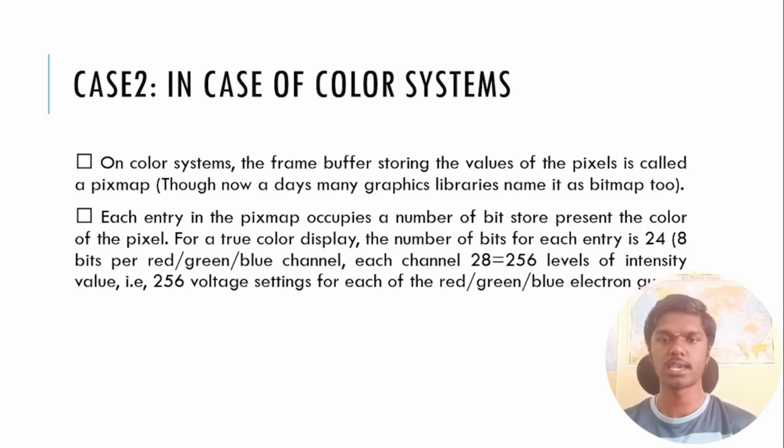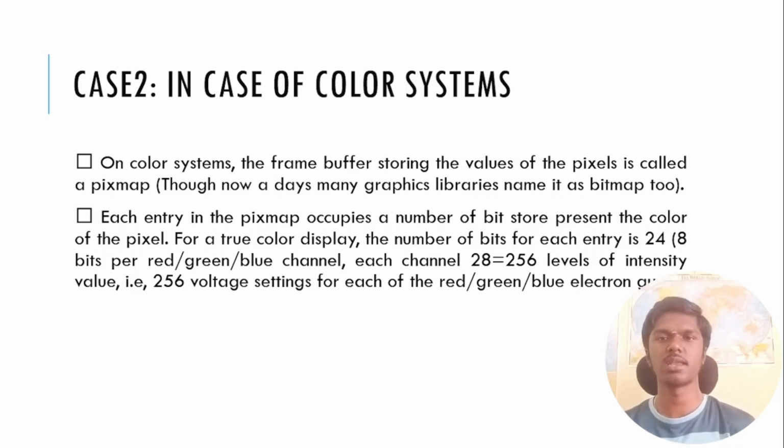So let's move on to case 2, which is in the case of color systems. On color systems, the frame buffer storing the values of the pixels is called a pixmap, though nowadays many graphics libraries name it a bitmap. Each entry in the pixmap occupies a number of bits representing the color of the pixel.